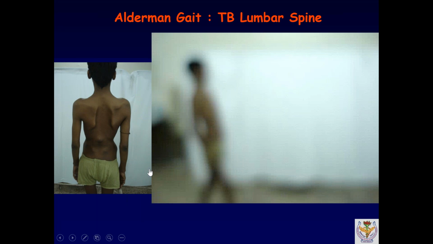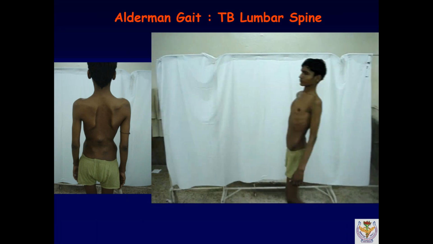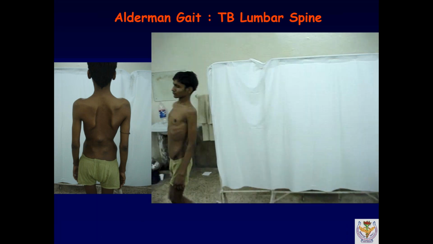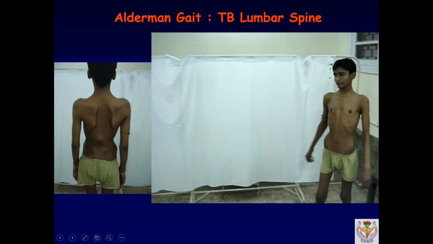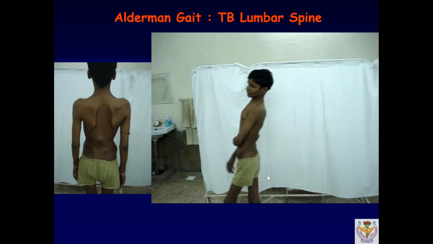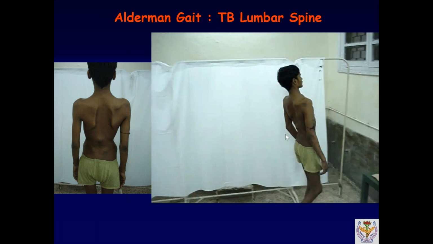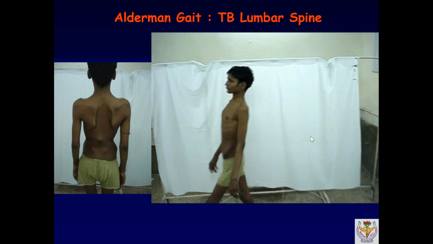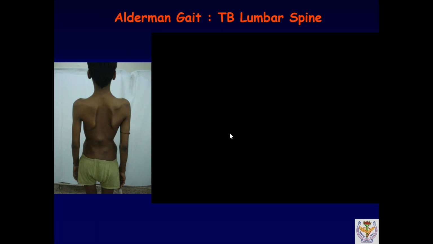Now here is another type of abnormal gait. This is a patient with tuberculosis of the lumbar spine. You can see a kyphotic deformity, and because of the pain and spasm, there's guarding. The patient is walking with a guarded sort of posture, without any jerking, without any movement in the lumbar spine. So there's a hyperlordotic sort of gait of the lumbar spine. This is known as an alderman gait, and aldermen are actually not seen in India, but in the West, aldermen are city councillors.